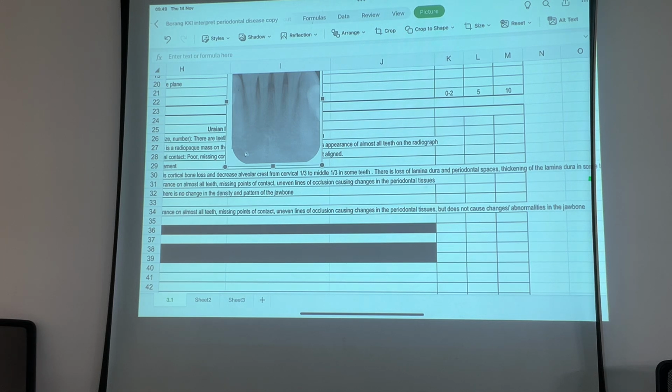Yeah. But if you want to see the thickening of the lamina dura, we should see it on a tooth that is not affected with periodontal disease. But then what if all of them are already affected by periodontitis? Yeah.